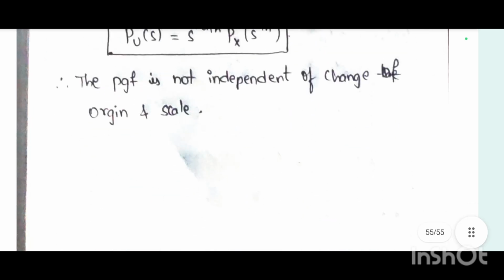S to the power of u is nothing but s to the power of x by h into s to the power of minus a by h, which is a constant. Putting it outside, this value is independent of change of origin but not of scale. So the PGF is also not independent of change of origin and scale.